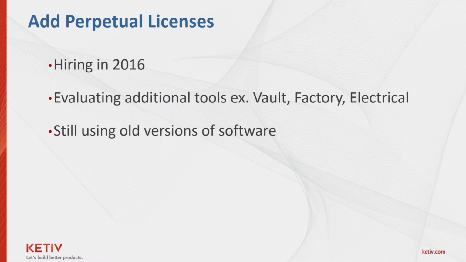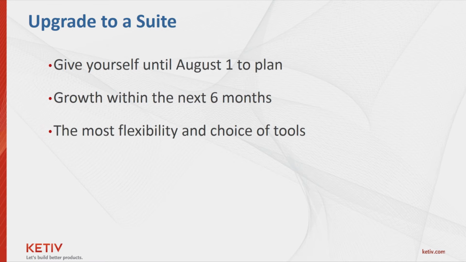And then the last thing we see customers doing is looking at the licenses they have, and if they have individual products like AutoCAD or AutoCAD Mechanical, or Revit on its own, and they want to have more time to plan and acquire additional perpetual licenses.